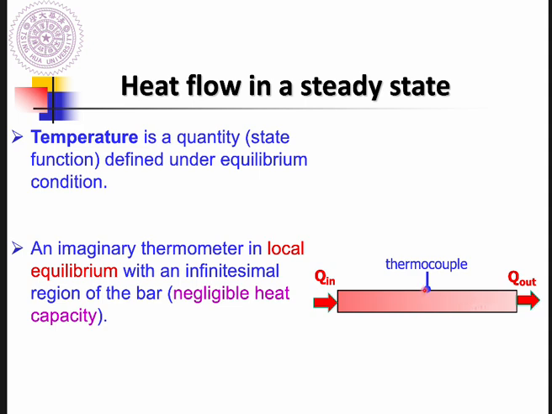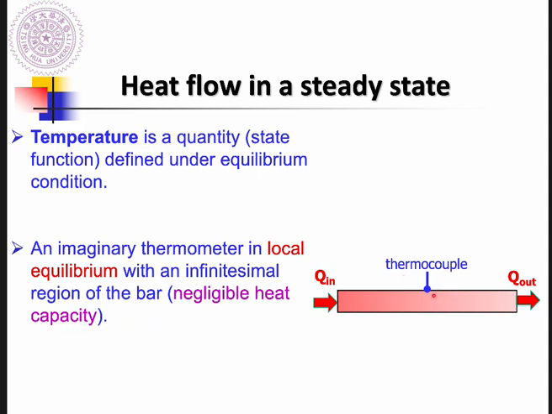We just ignore the heat capacity of this thermocouple, which means that the existence of this thermocouple does not change the temperature gradient, the temperature distribution along this metal bar.